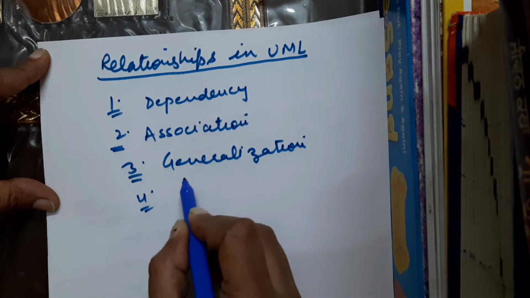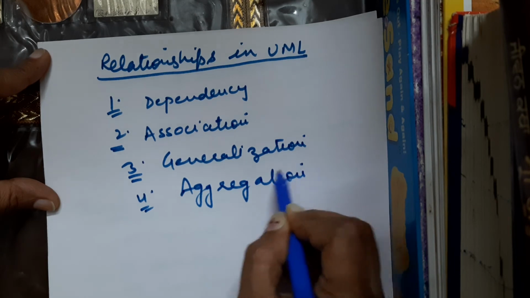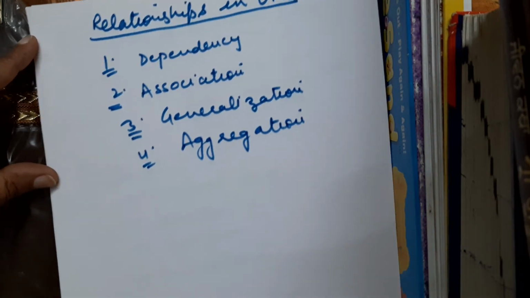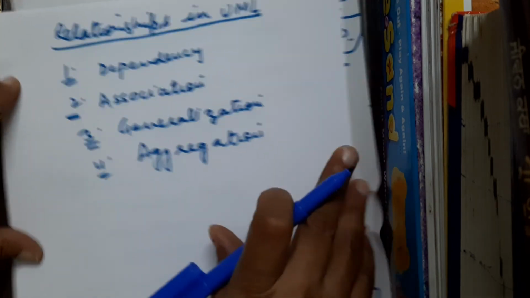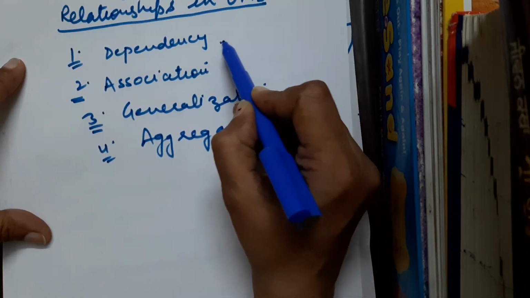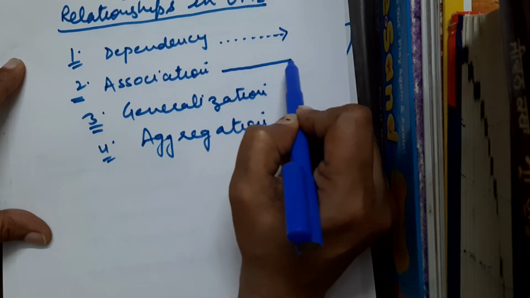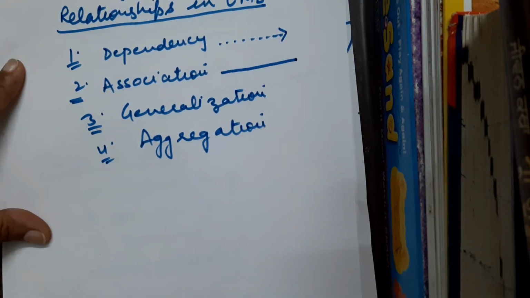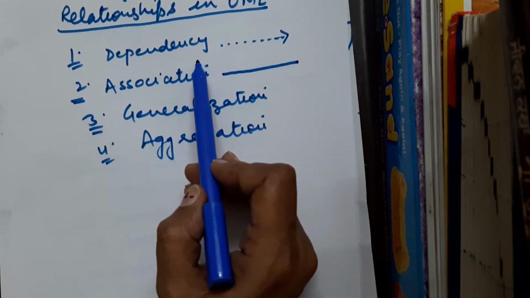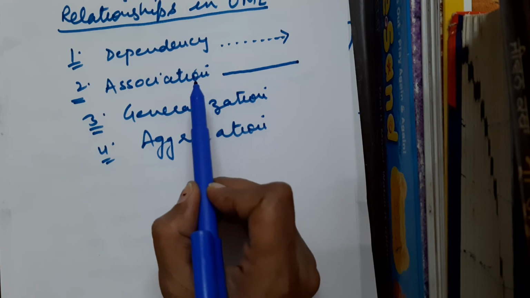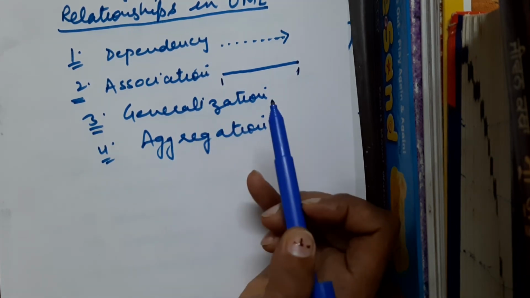And fourth is aggregation. Dependency is represented with a dotted arrow. Association is represented with a solid line. Dependency means when one class is dependent for its complete functionality on a second one, and association always takes place between two classes at the same level.